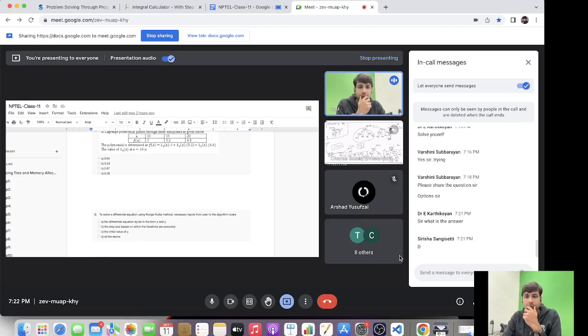Is there anybody who would like to answer? Okay, the answer is D, because you need the differential equation dy by dx in the form of x and y. You need all three, so you need to have the step and the number of steps.